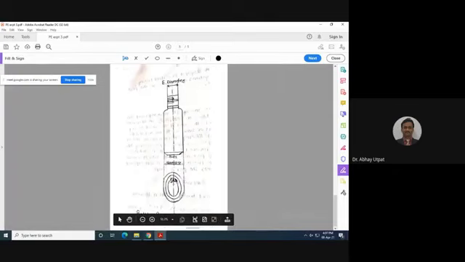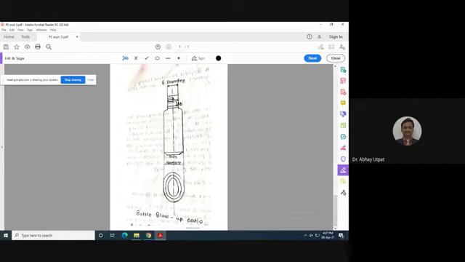This is just the top view. As you know, there is a parison which is used for producing the bottle. So blow ratio means product diameter upon parison diameter, or mold diameter upon parison diameter.